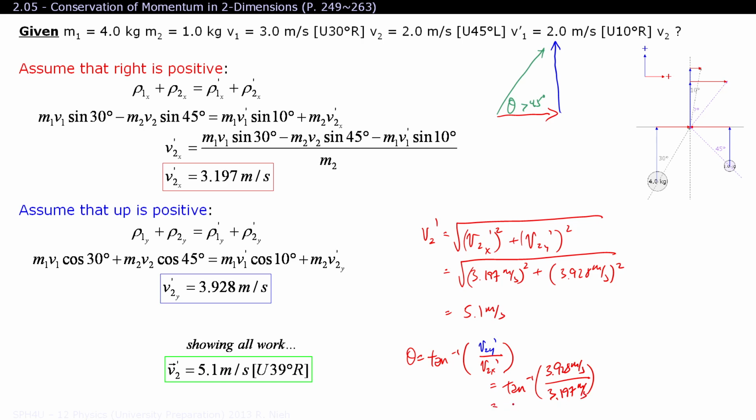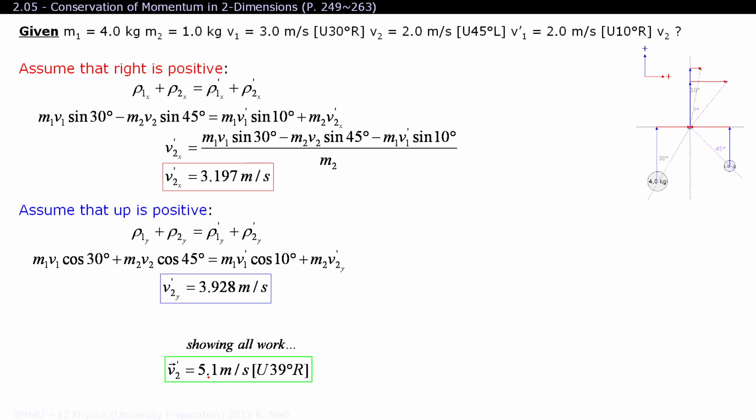And if all goes well... oh, that's 39 degrees, so my answer would be different. It would be 51 degrees. Okay, so if I did it y over x, then I'm going to have an answer of 5.1 meters per second from the right, 51 degrees upwards. Or the answer key had it the other way around, upwards relative to the right. They're both correct, either way you do it.